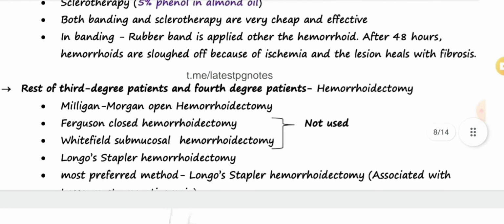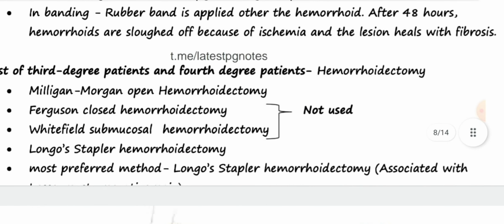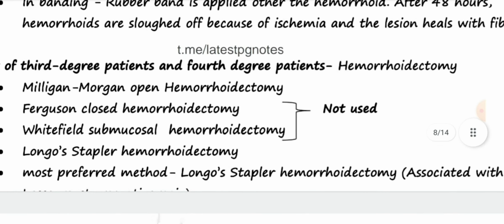The rest of the third degree and the fourth degree hemorrhoids are treated by hemorrhoidectomy. Hemorrhoidectomy is basically of three types: open type, closed type, and stapler hemorrhoidectomy. There are a few names of scientists associated with these hemorrhoidectomies.